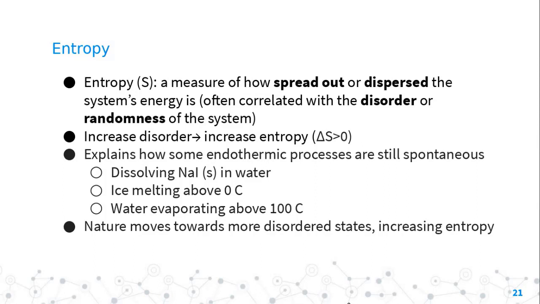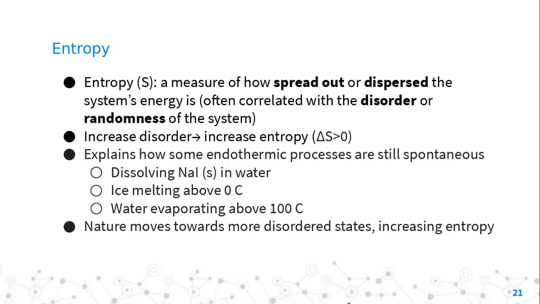I remember them telling you guys that if it's exothermic, that's favorable because it's releasing heat out into the surroundings. But endothermic was not favorable because you would have to take heat from the surroundings and put it into the system.